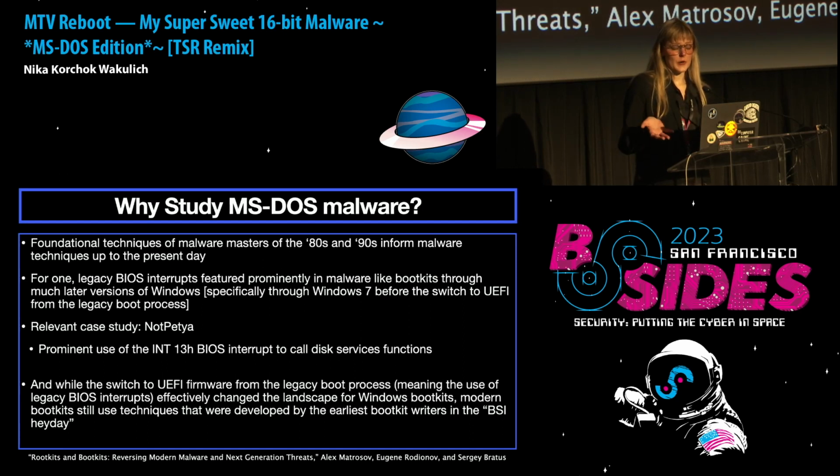But the techniques used by Brain back in 1986 did things like saving the original MBR, doing spoofing of int 13 for reads and writes, and some of those techniques of saving an original MBR or saving an original piece of memory that you want to alter are still obviously used by bootkits of today and malware of today.